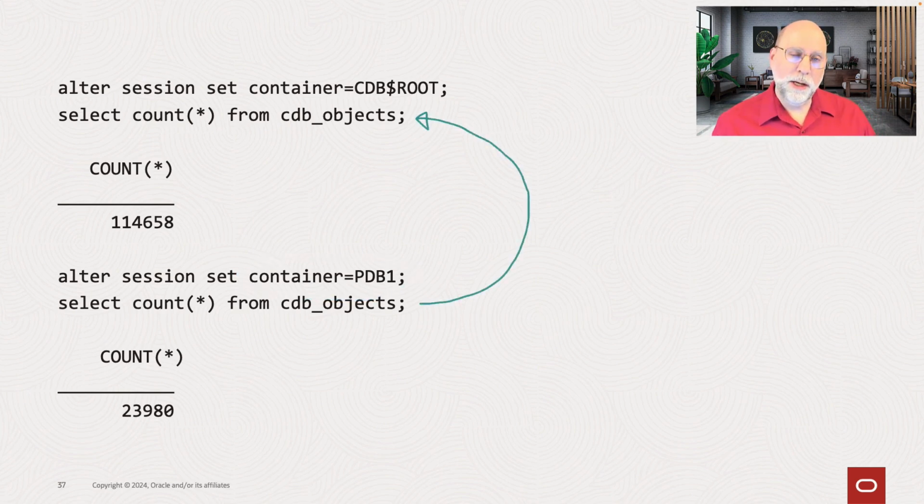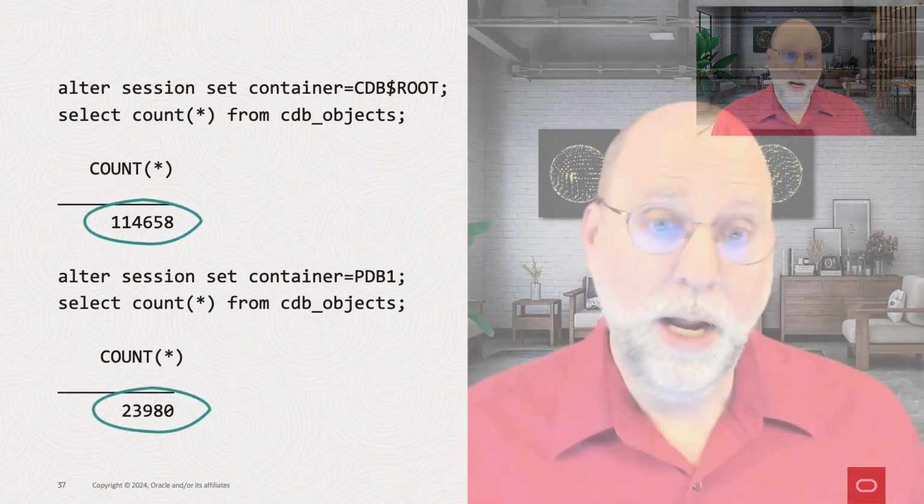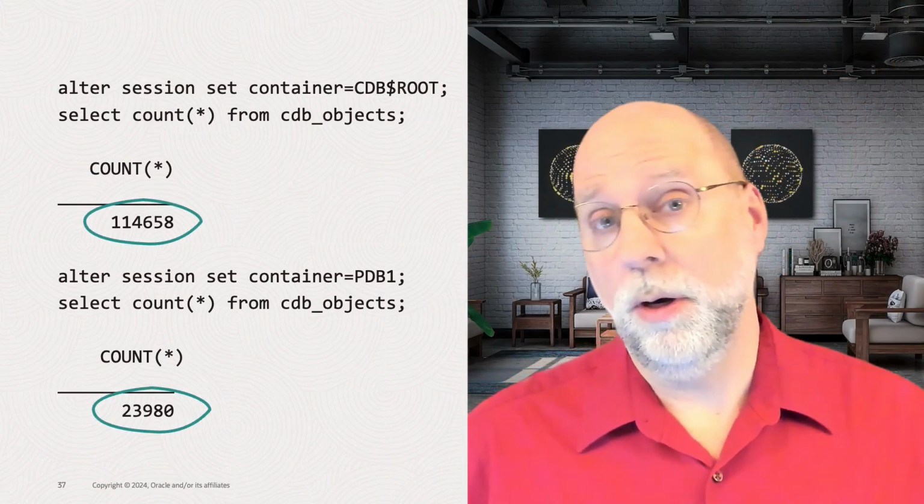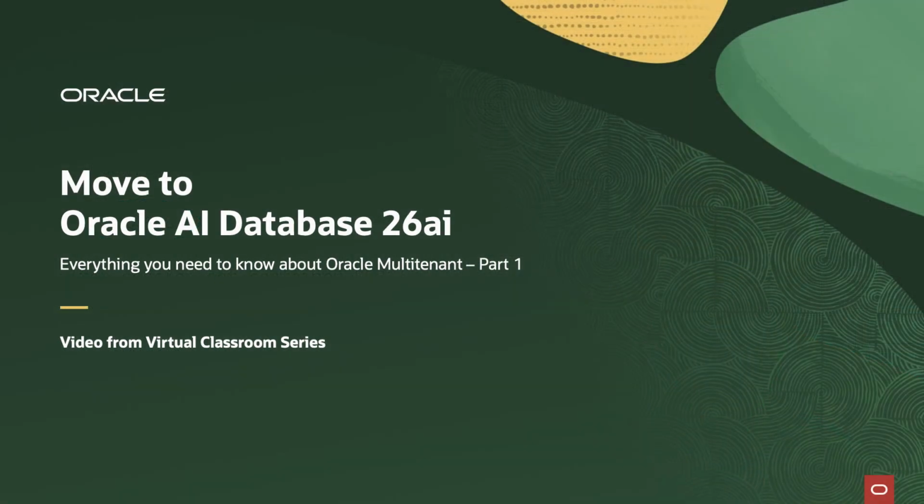So even though we're looking at the same view with the same user, context really matters here. What you can do at the CDB root is different from what you can do from within a pluggable database. In fact, there are going to be some operations that are not allowed in one place or another. And that's why you see the different number of objects in the PDB versus the root.